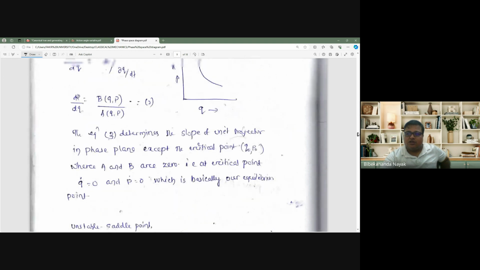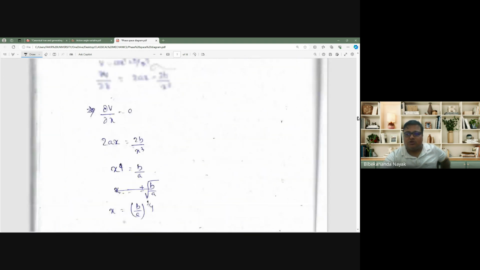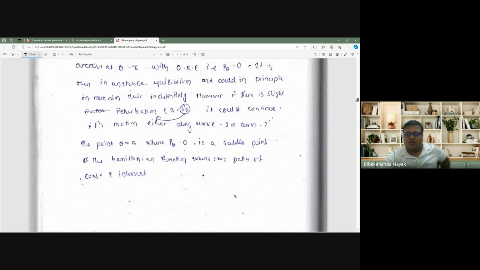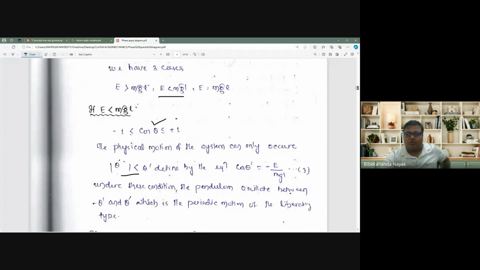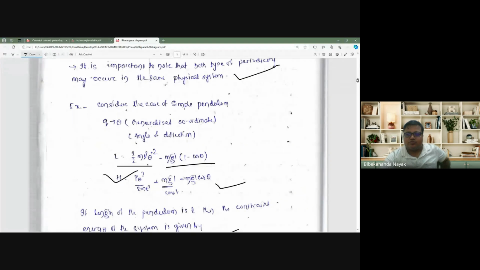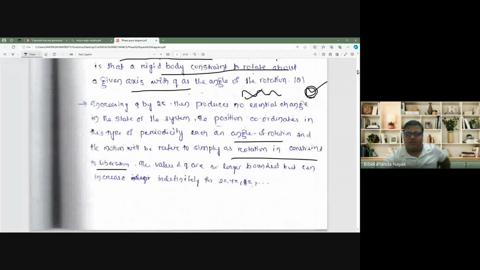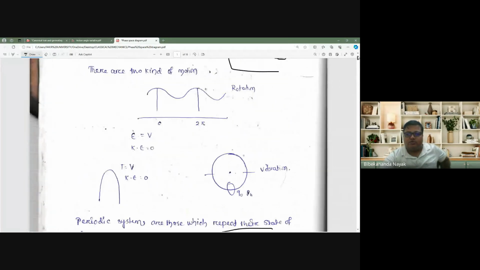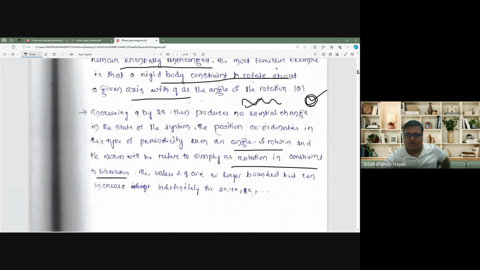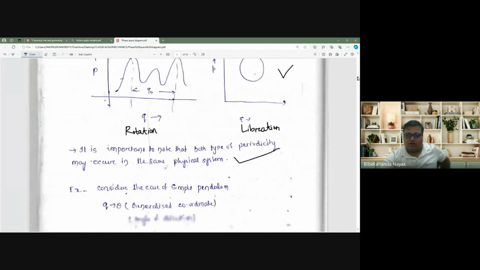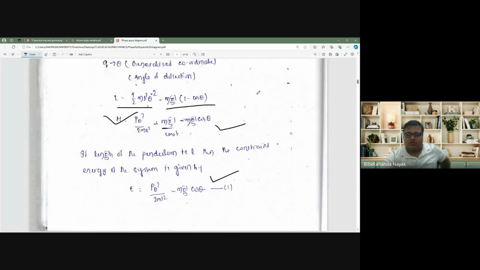If we apply this to the simple pendulum, you can follow the same approach. What is the potential energy for a simple pendulum? mgl(1 minus cos theta). This is the potential energy.